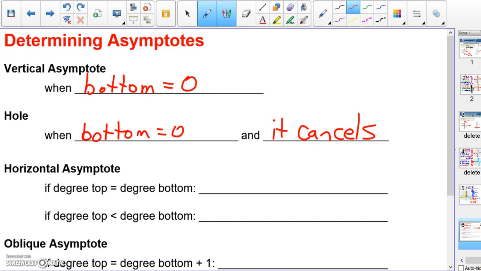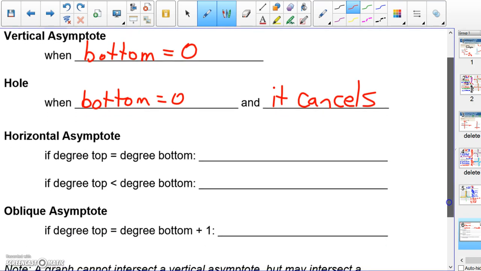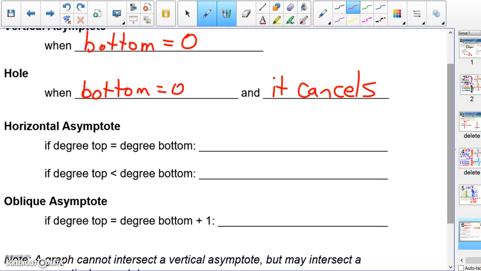Horizontal asymptote, a little bit harder to deal with here. You have to look at the degree of the top and compare it to the degree of the bottom. So you got some conditions there. If the degree of the top equals the degree of the bottom, y equals the leading coefficient of the top divided by the leading coefficient of the bottom.